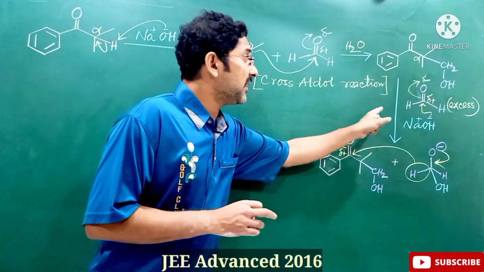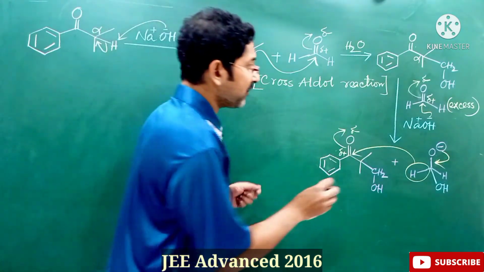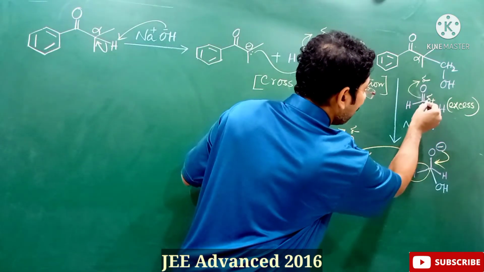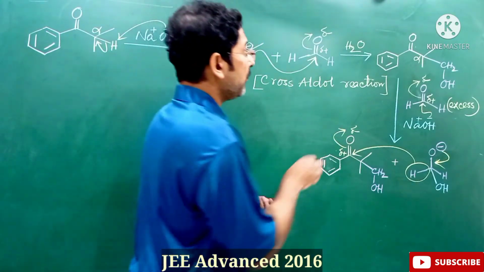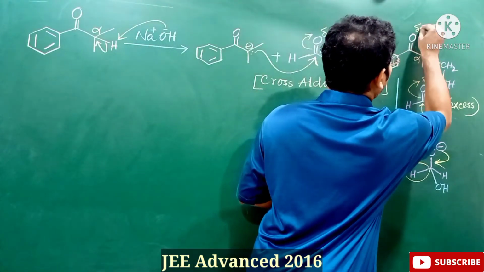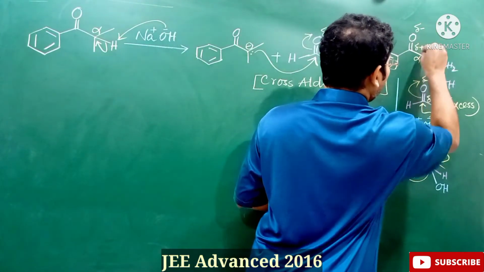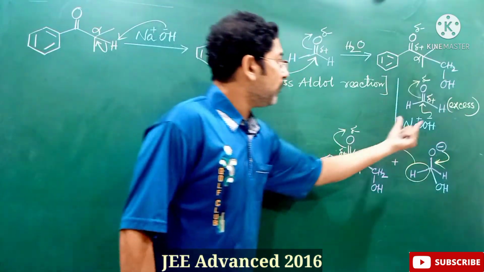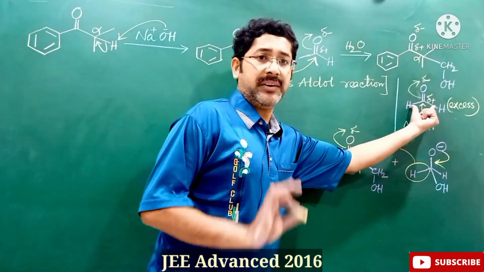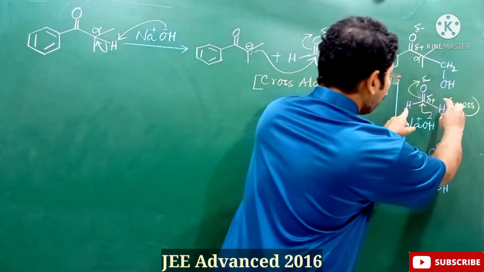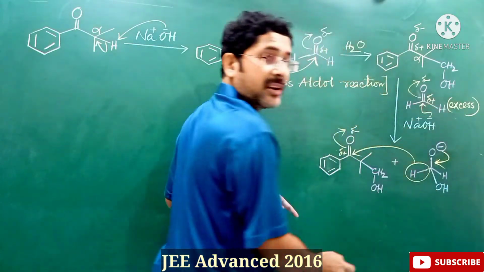See again here very carefully. In the second step, OH- attacks at the formaldehyde carbon, because this is delta negative and this is delta positive center, and formaldehyde is the most reactive carbonyl compound, because there are two small-sized hydrogen atoms present there.